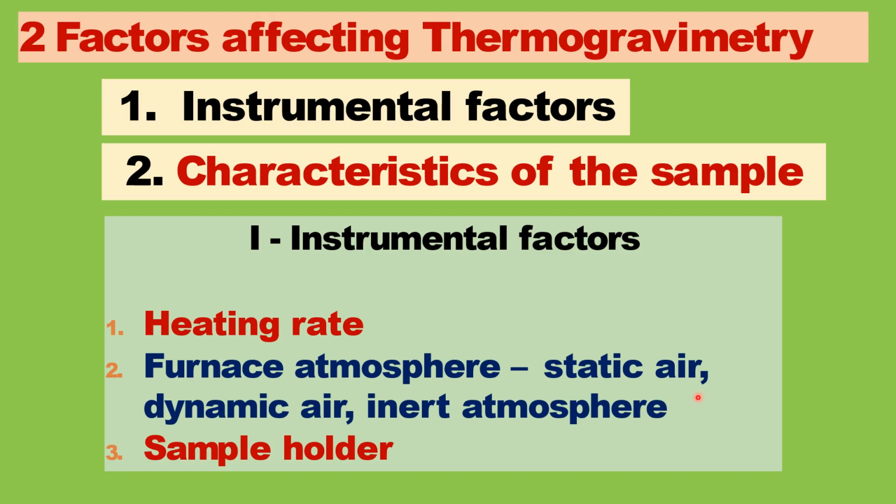In some cases oxygen will react with the sample. In such a case, an inert atmosphere is used. Then the sample holder: depending upon the sample holder, the thermogram will vary. It will affect our thermogram.